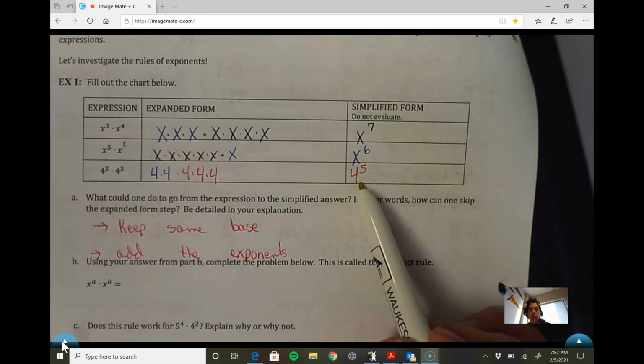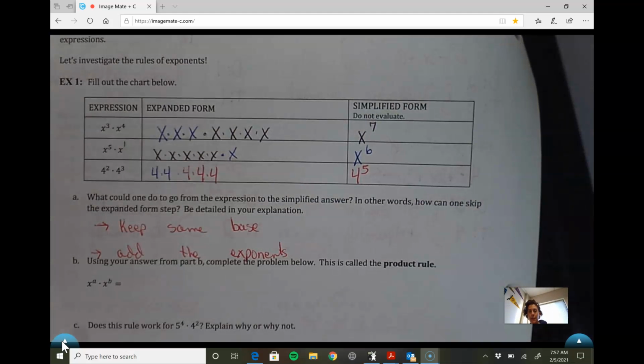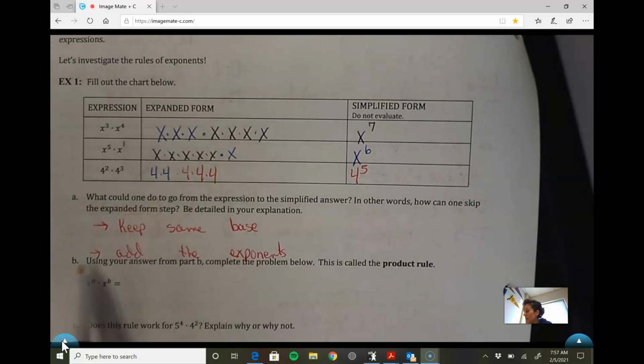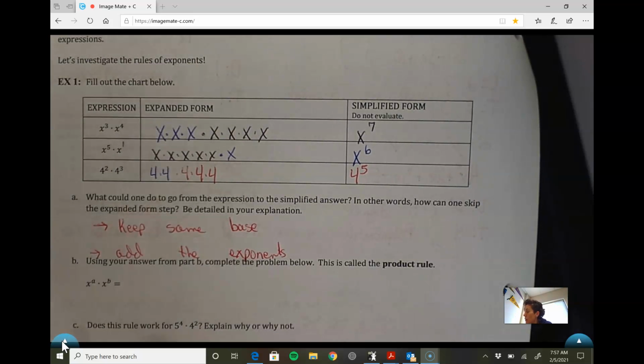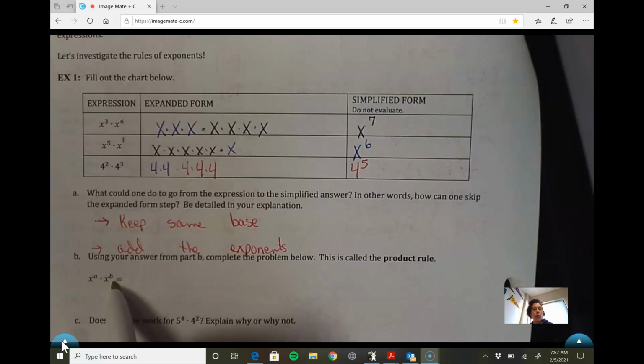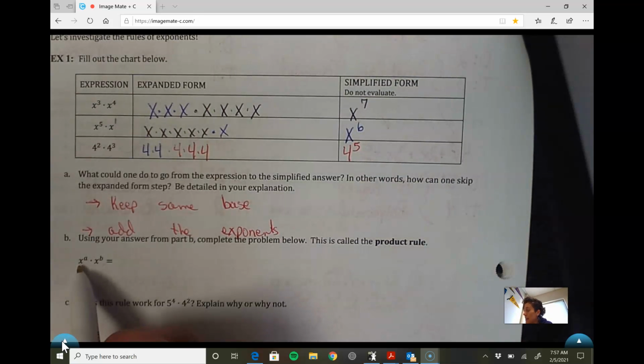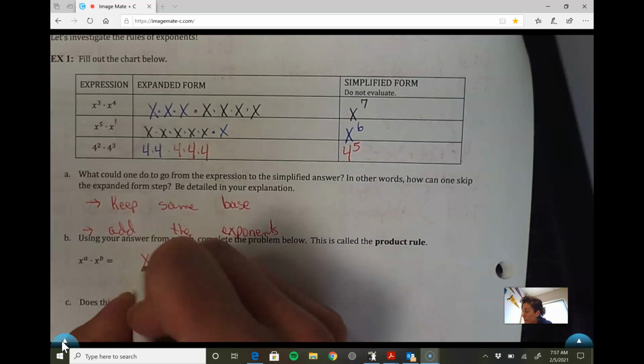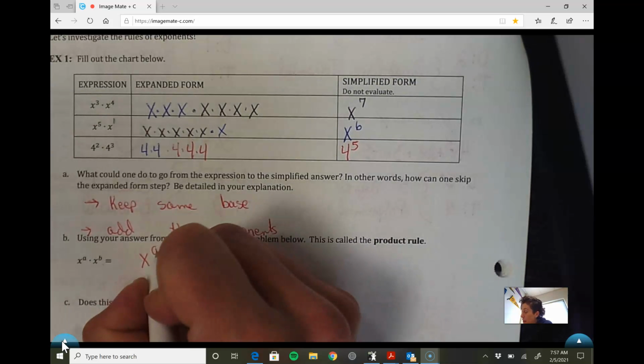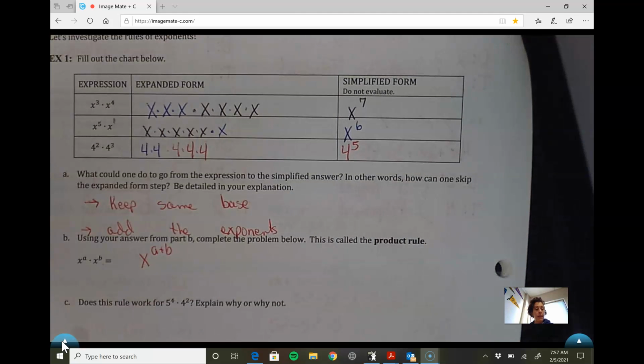This is 4 multiplying 5 times, which is a very different amount than 16 multiplying 5 times. So you want to keep the same base and then add the exponents. If we're going to do that, we can make a rule that you should be already familiar with. It's called the product rule. If you have the same base and they're multiplying, you can just add the exponents.